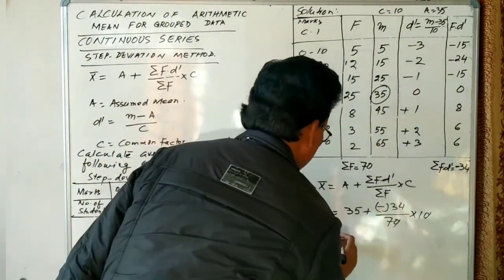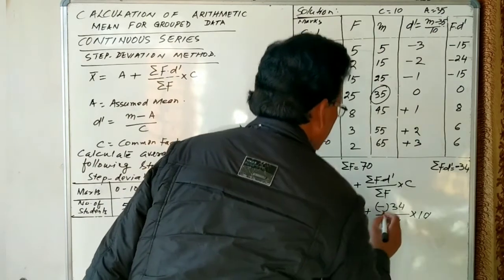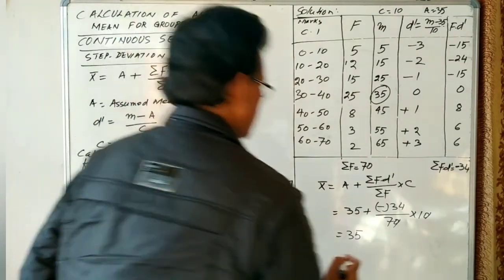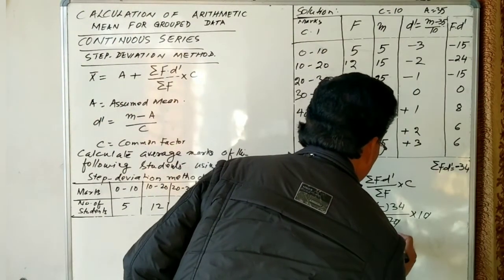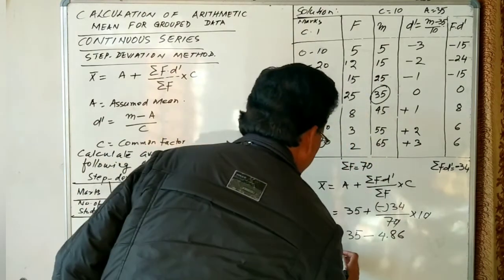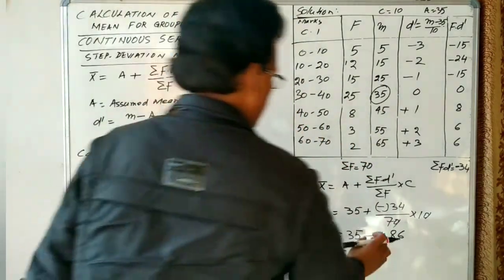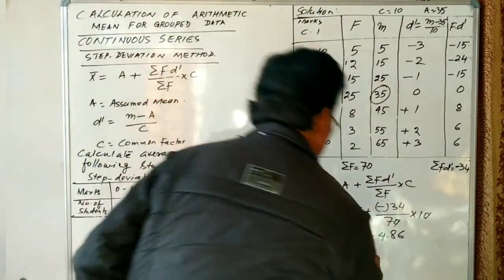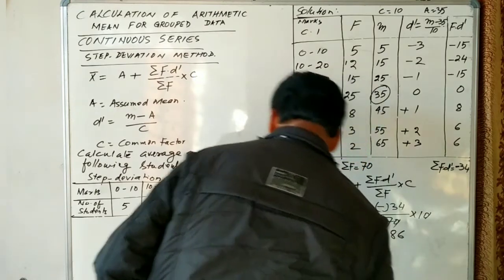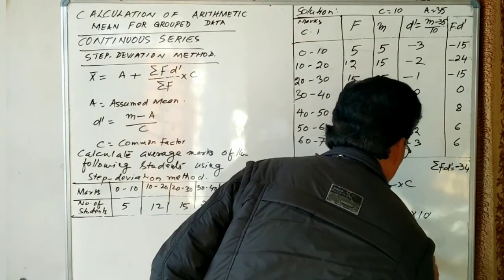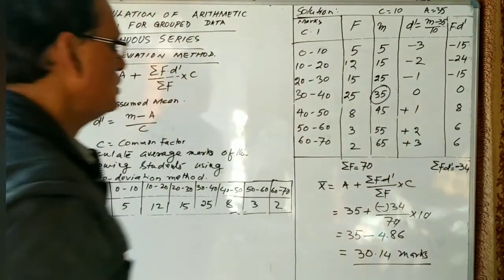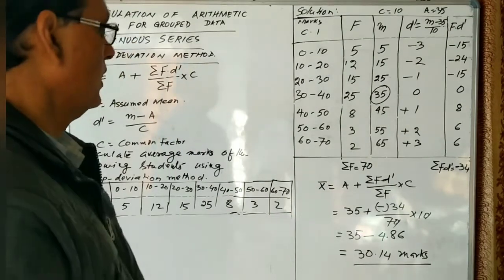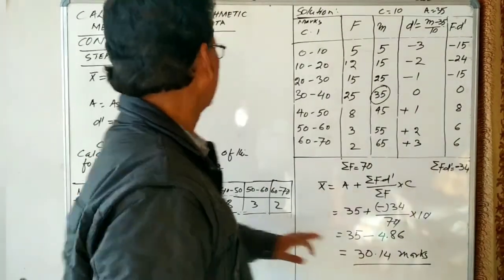This 0, 0 cancel. This is 35 minus 34 divided by 7. So 34 divided by 7 is coming 4.86. If we deduct this value from 35, it is coming 30.14 marks. So this 30.14 marks is the average marks obtained by the students.